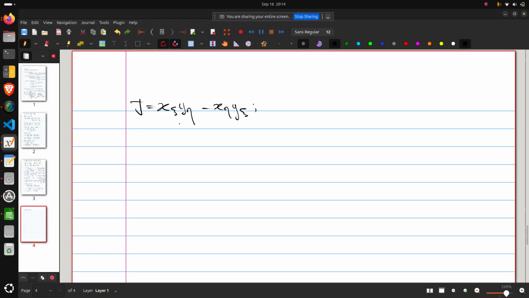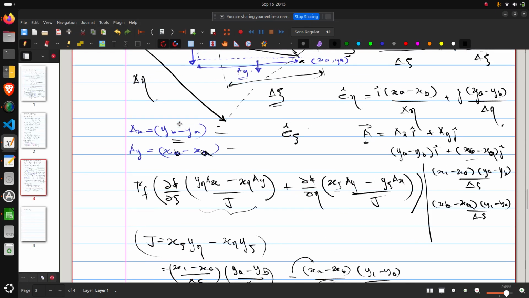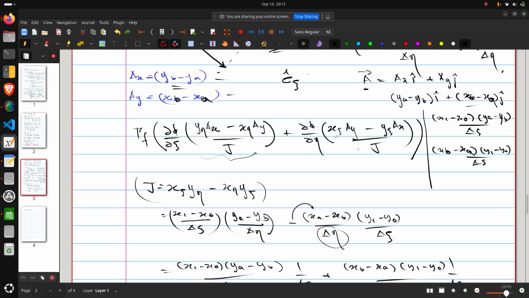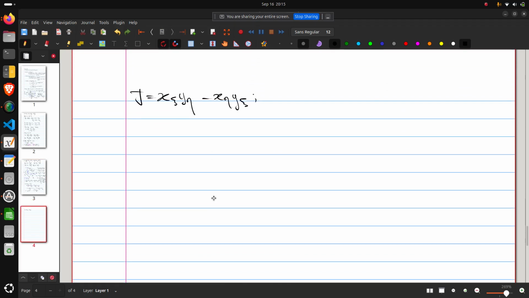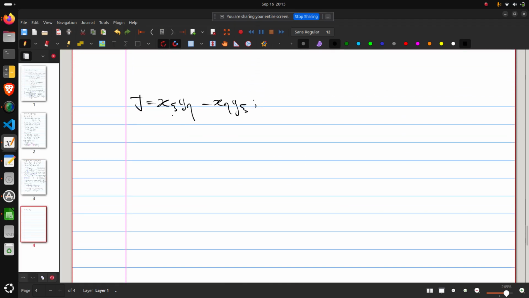Right, we had the Jacobian like this, and we had derived the differential terms dou x by dou psi and dou x by dou eta in terms of the coordinates we had, right?